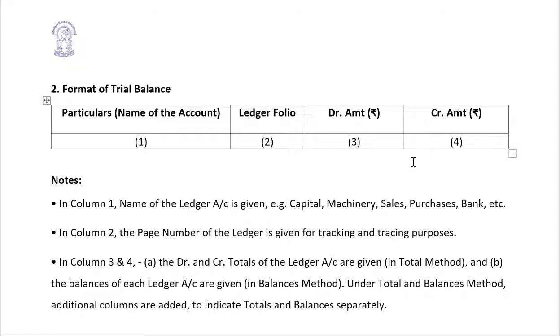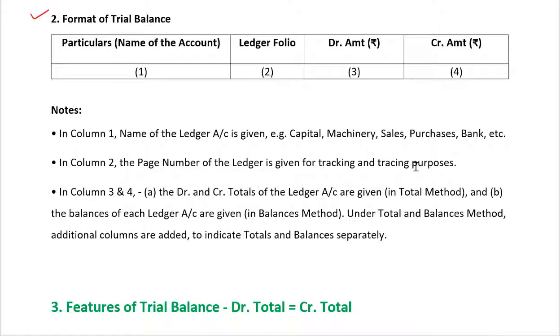Let's see the format of the trial balance. We have particulars, ledger folio, debit amount and credit amount. See these notes. In column 1, the name of the ledger is given. It could be capital, machinery, sales, purchases, cash, bank, expenses, rent, anything.